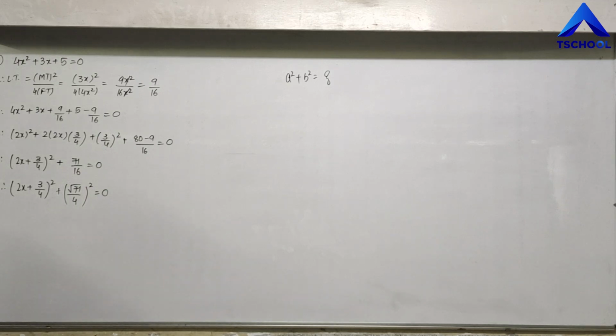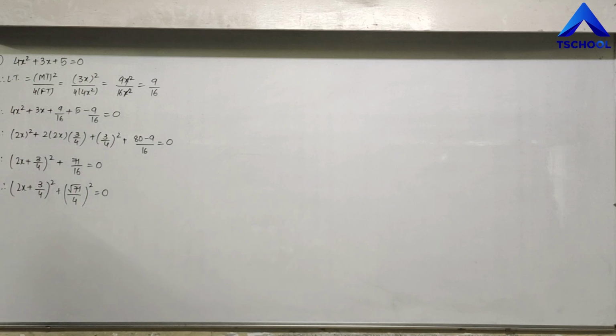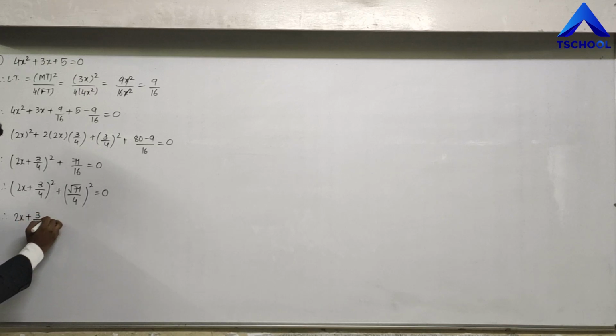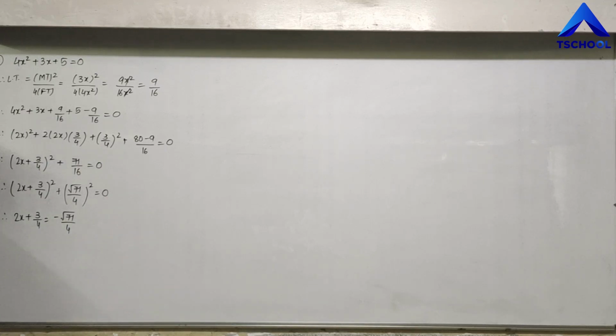When we get a question such that the factors are not available to us, you cannot say that 2x plus 3 by 4 equals to minus square root of 71 by 4. Because if I cancel out the squares on both the sides, I shall get a plus or minus over here, and this plus is applicable, but what about this minus?